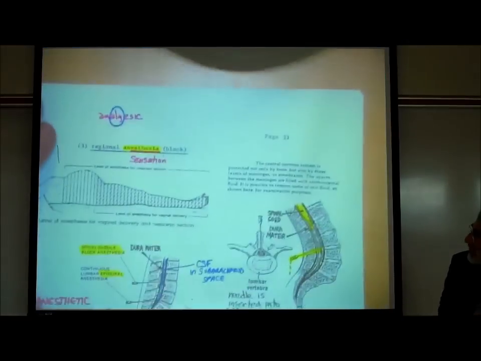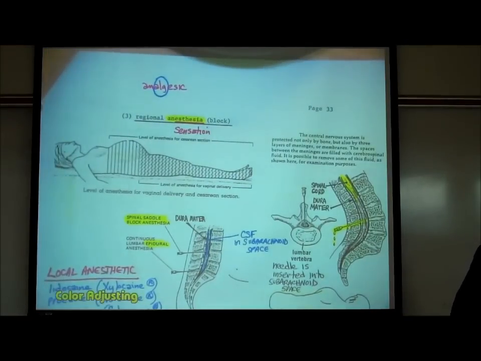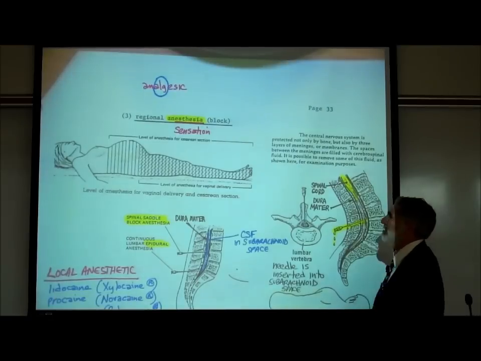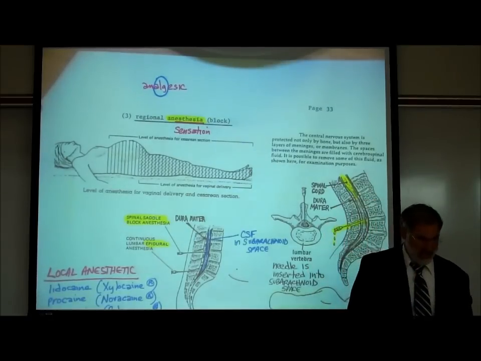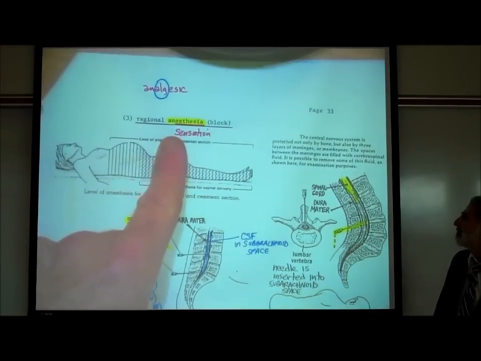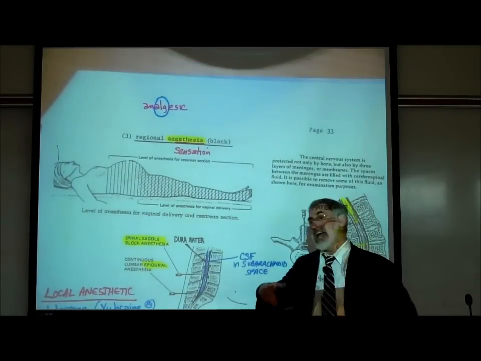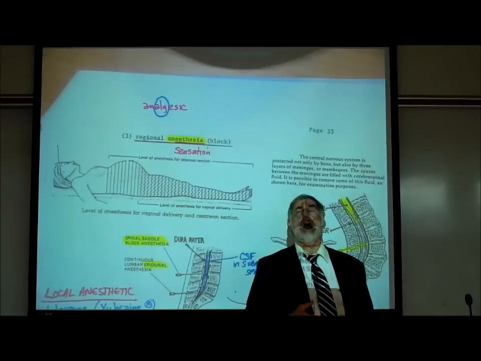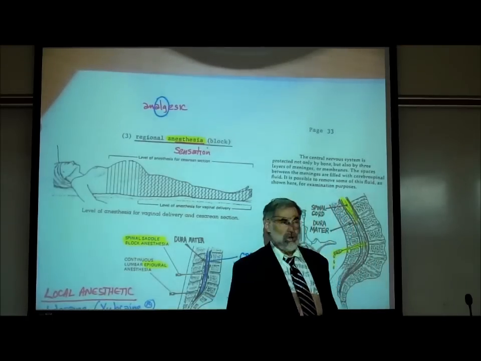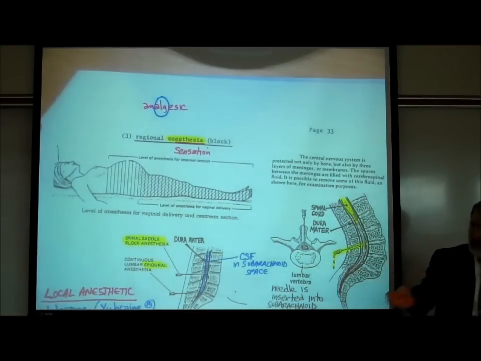On page 33, another clinical application of these lumbar punctures or spinal taps is to create a state of regional anesthesia. Last week we learned about aspirin, Tylenol and ibuprofen, and we said that aspirin and Tylenol are antipyretics.